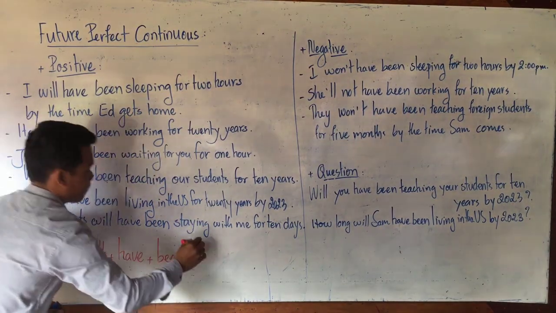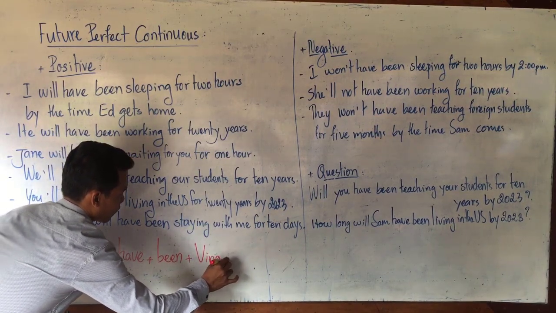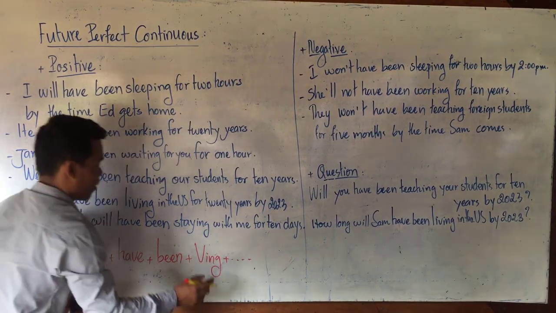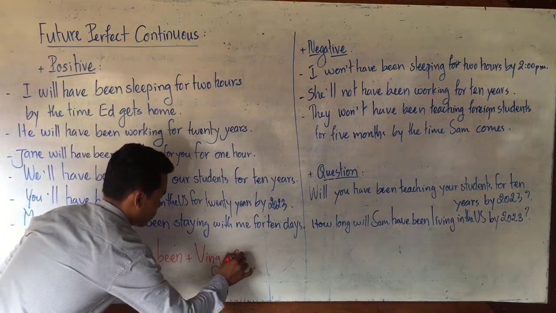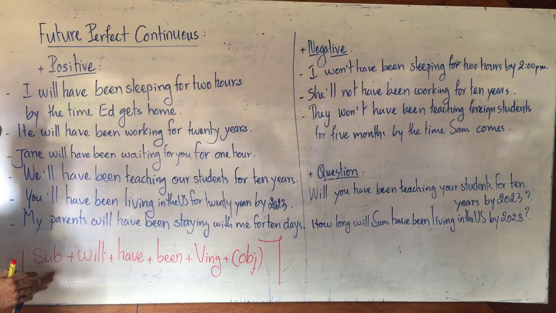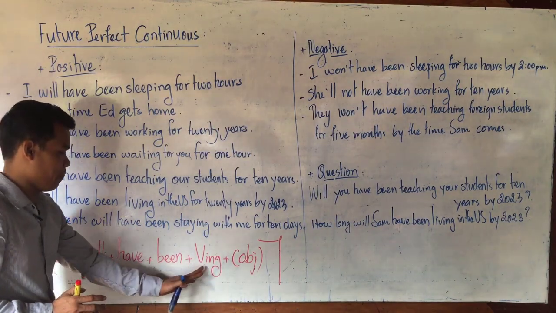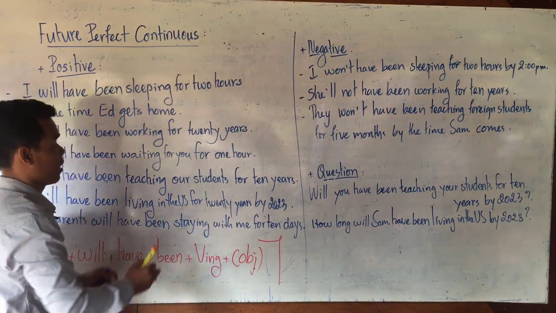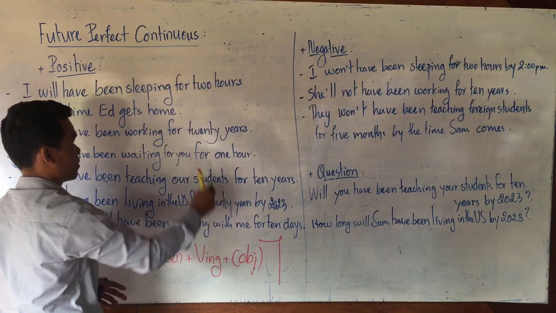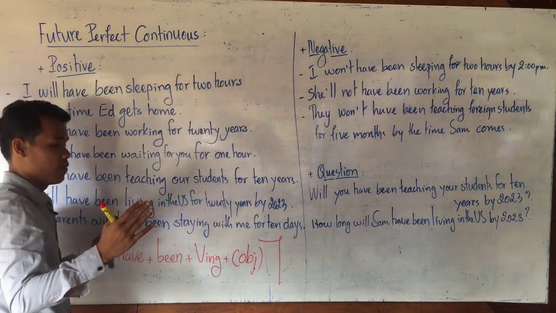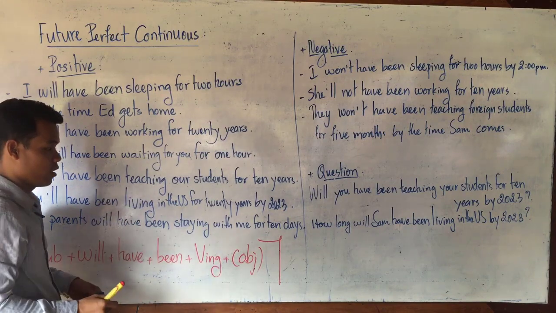After been we have verb-ing. After verb-ing we have an object in brackets, which is optional. This is only the form, we do not focus on all its uses. Subject plus will plus have plus been plus verb-ing plus object in brackets, and also the duration here, but no need to use it because we know it is for a period of time since a point in time. Later on you will know that.